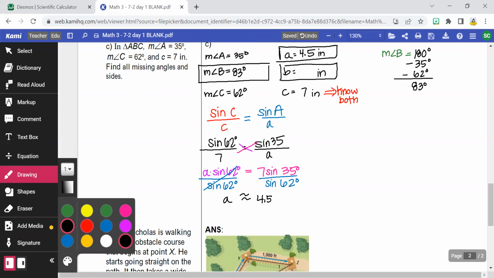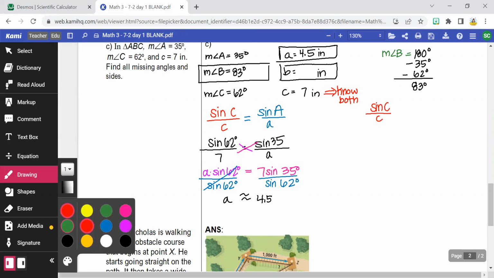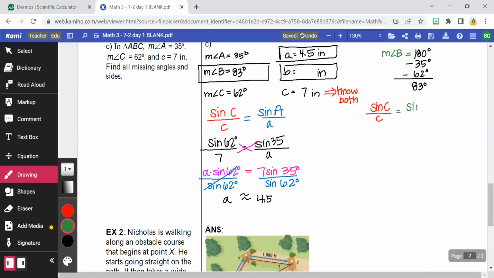And now that I know the measure of angle B, I can use it to solve for side B. So again, I'm still going to start with sine C over C because those were given, so they're more accurate. In order to solve for side B, I now can use the 83 degrees with the sine to find that missing side. Okay, so we can plug in. Again, we're still doing sine of 62 over 7.